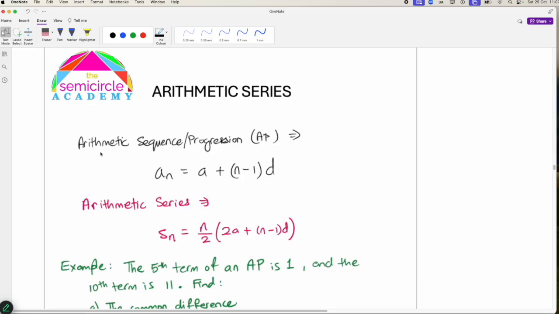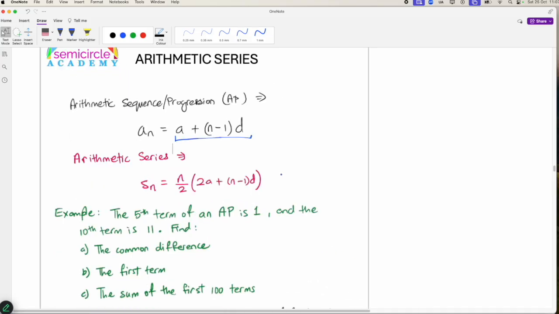So what we have here is the arithmetic sequence, or the AP, is given by this. This is the rule, or the formula, for our AP. This is the series, and this is the formula for the series. The series is the summation.